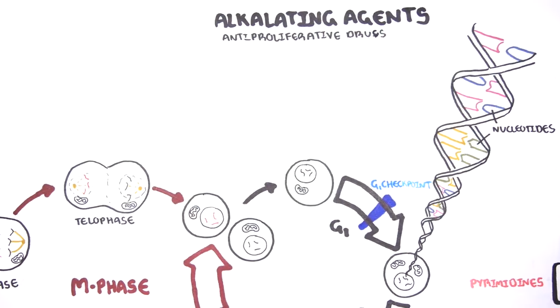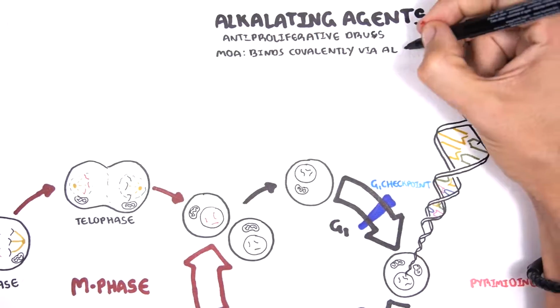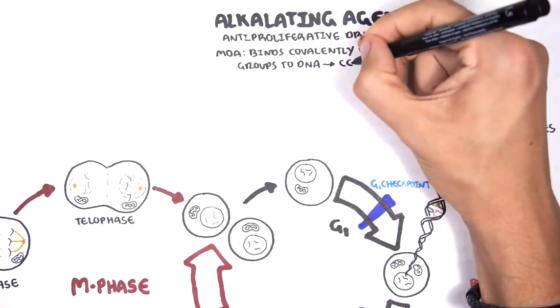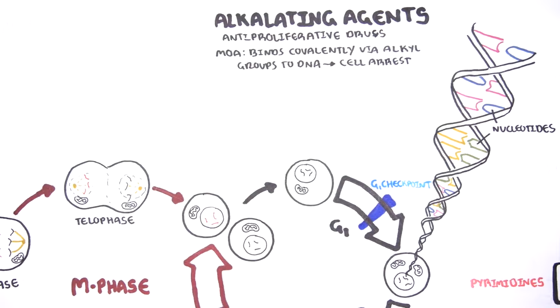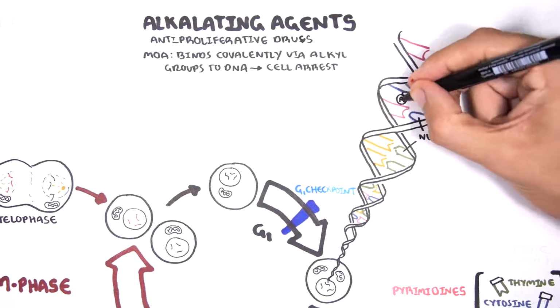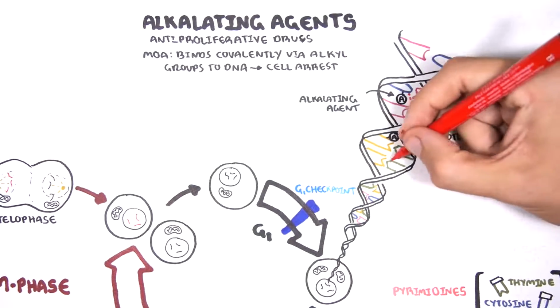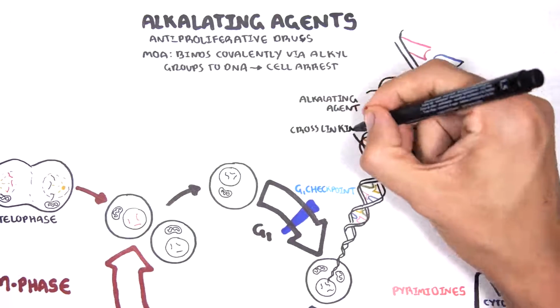They work by binding covalently via alkyl groups to DNA. They then form crosslinks and are thought to arrest the cell cycle in the G1 or the S phase of the cell cycle. Now, the alkylating agents actually bind to the nucleotide guanine. Once bound, they form cross-linkage of DNA strands.